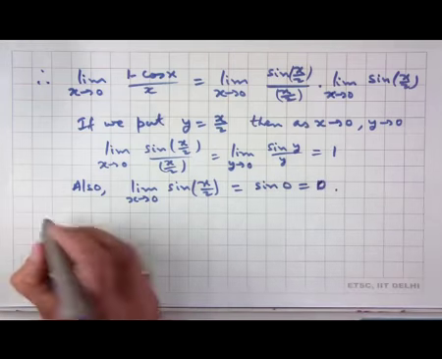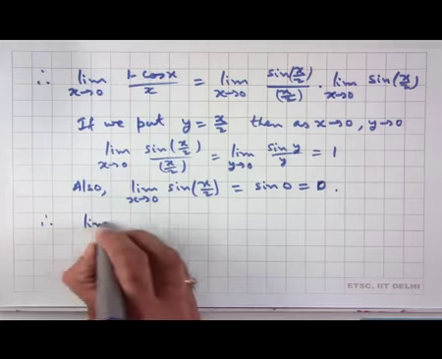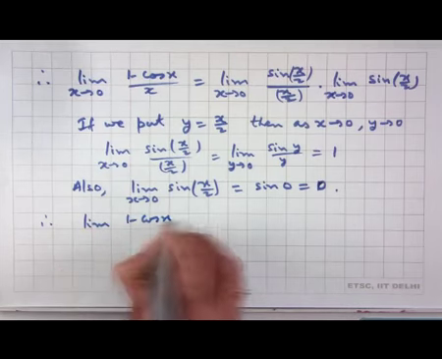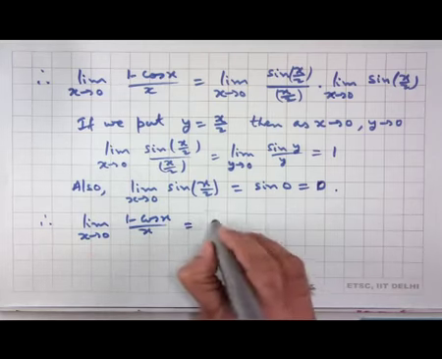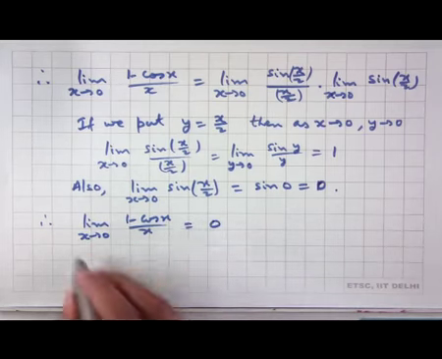So, therefore, limit of 1 minus cos x by x, x going to 0, is equal to 0.